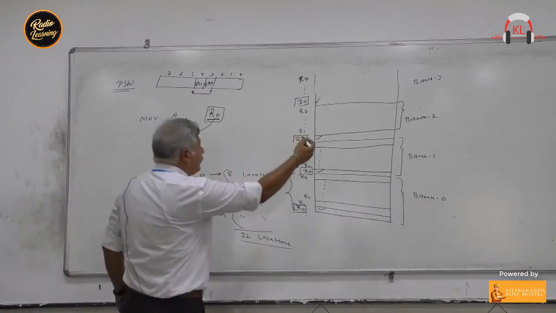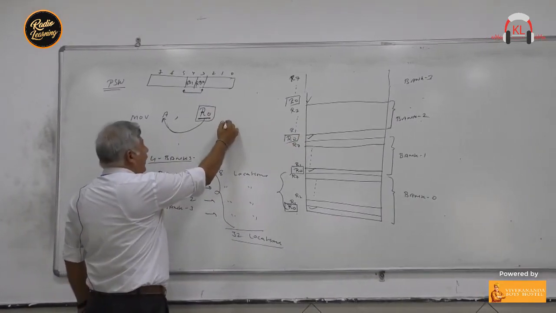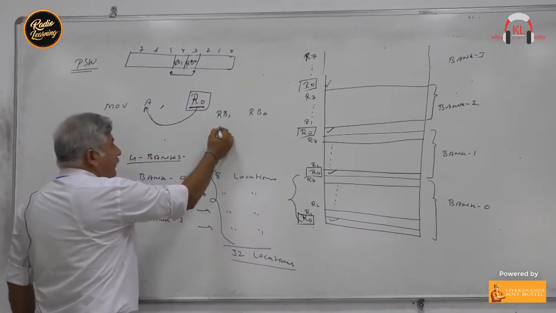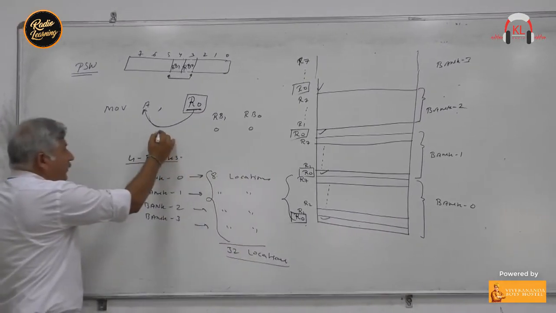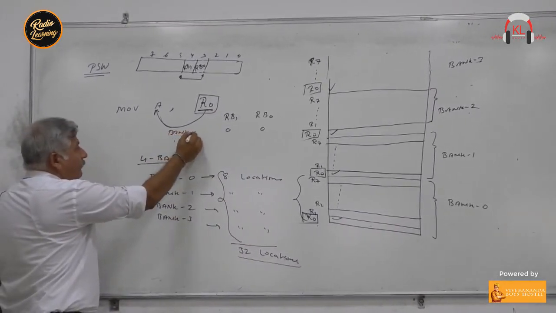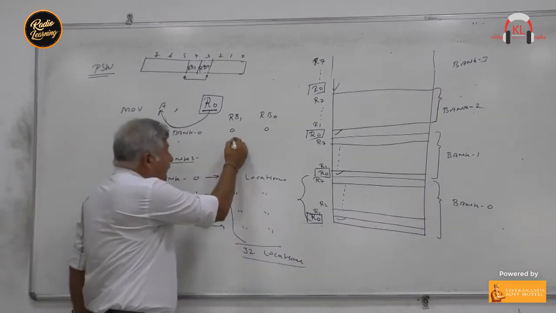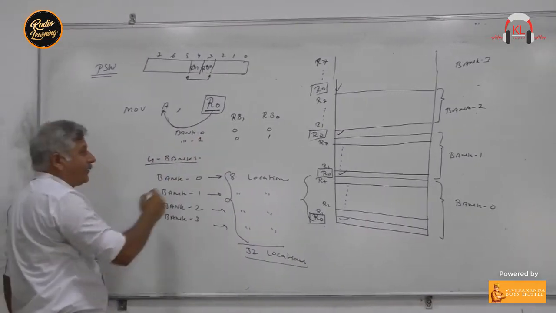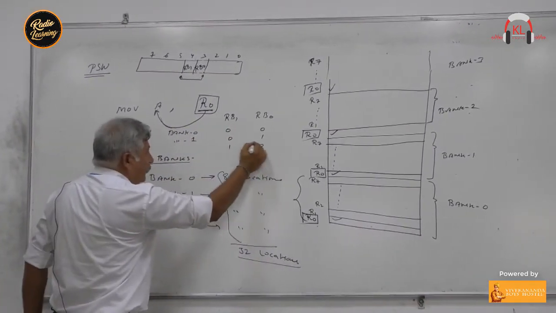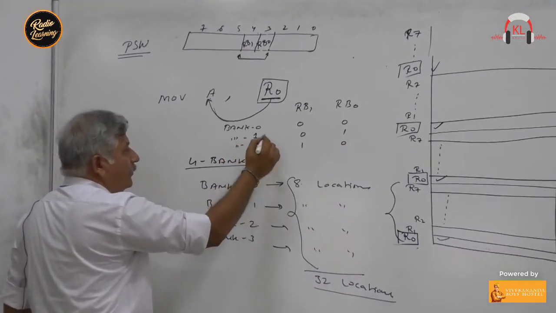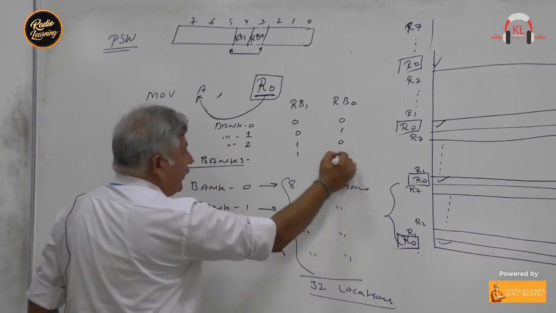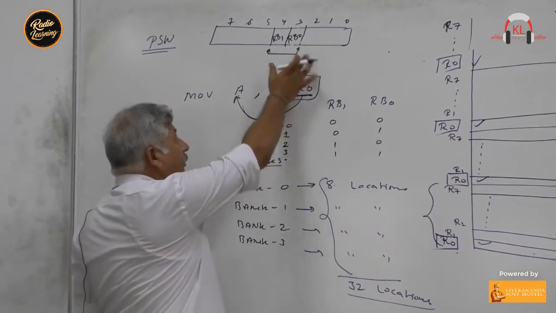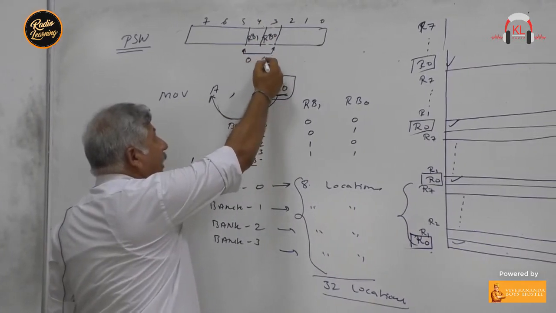Now since there are 4 banks and these bits are RB1 and RB0, if these two bits are 0 and 0, then bank number 0 will be selected. If these bits are 0 and 1, then bank number 1 will be selected. If these bits are 1 and 0, then bank number 2 will be selected. And if these bits are 1 and 1, then bank number 3 will be selected. Right? And by default, the values of these bits are 0 and 0.